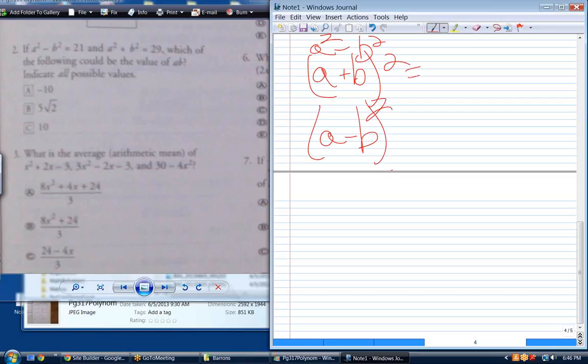What is a plus b squared? It's a squared plus b squared plus 2ab. I usually put that in the middle. But now, we know what a squared plus b squared is. It's 29.